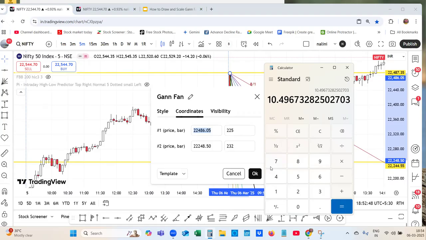What I'm going to do is minus the 10.49. So 22,486 minus 10.49 is nothing but 5, so I'll get a value of 22,475.